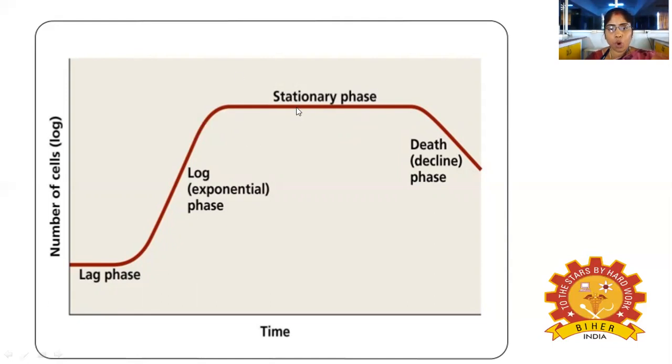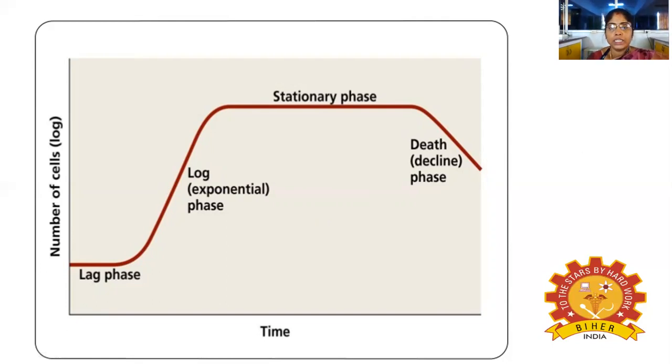This product comprises both desired and undesired byproducts. Then it starts to decline, which is the final stage of any growth cycle for a microorganism such as a bacterium.